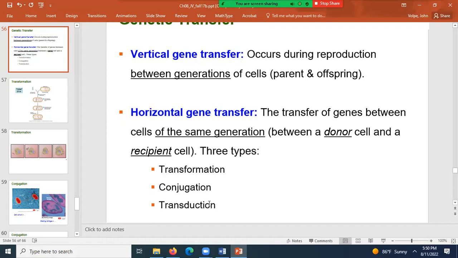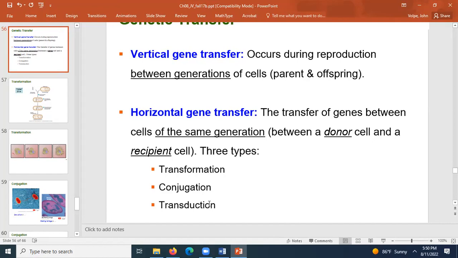Conjugation, we only talked about it with the gram-negative cells, but that's all we're going to talk about. The DNA can move from one cell into another cell, and this happens by the sex pilus and the F plasmid. The F plasmid can move from one cell to another cell.